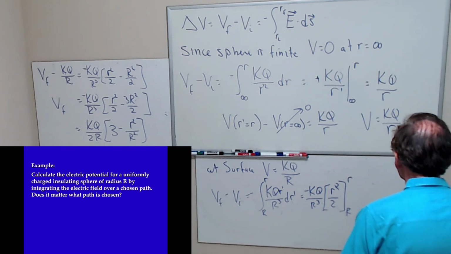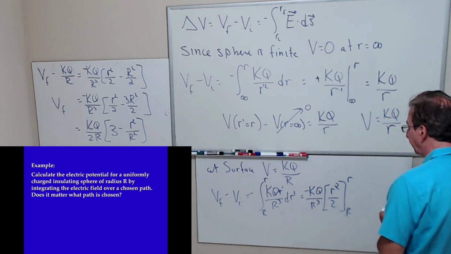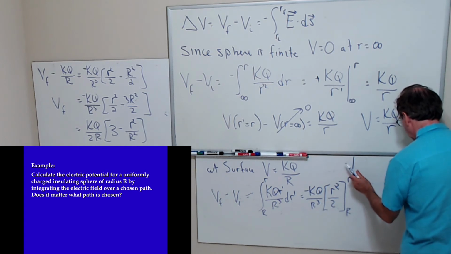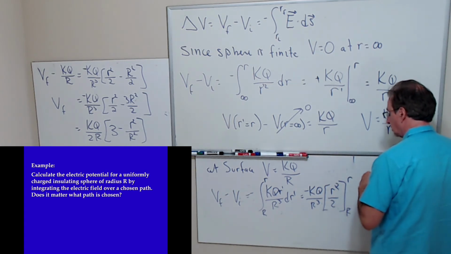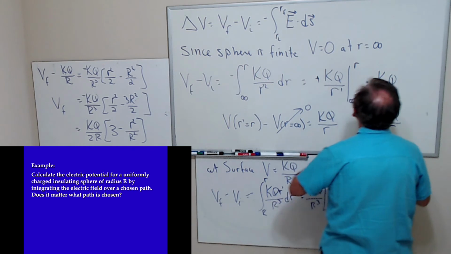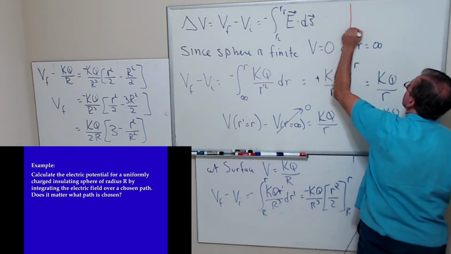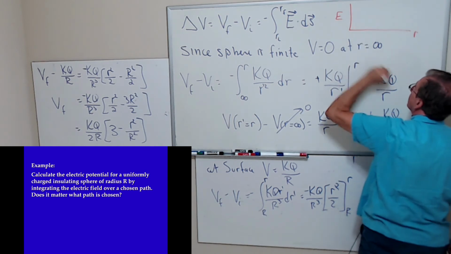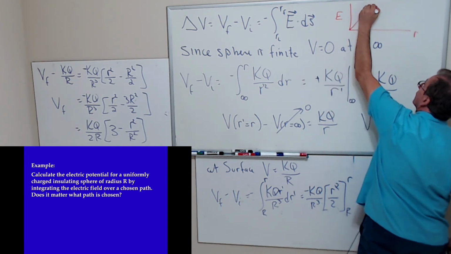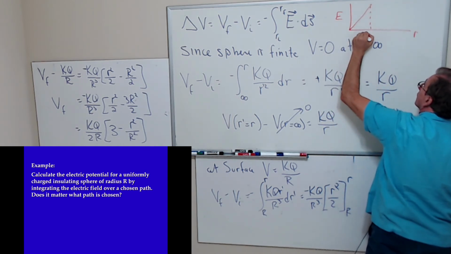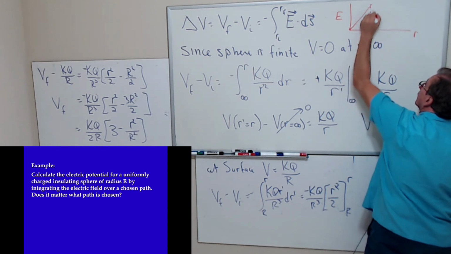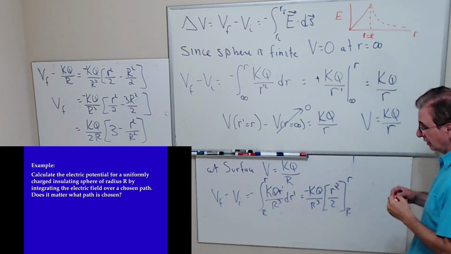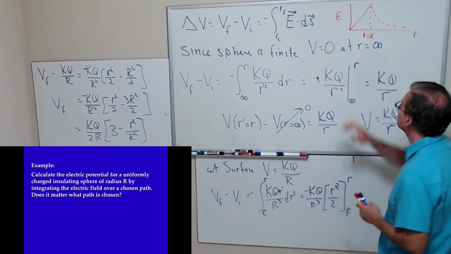Now notice that if you plot the electric field, we've done this before. Let me use a different color. We plotted the electric field for a sphere, and it looked like this inside the sphere, and it went over. It was dependent on 1 over r squared outside the sphere. And the potential is minus the integral of this.